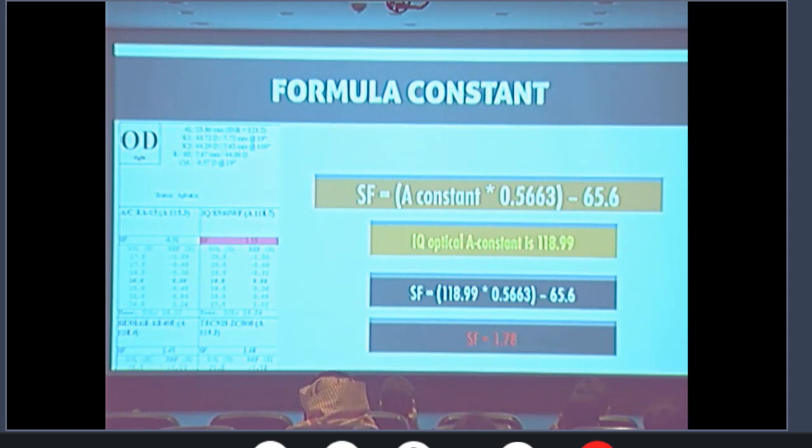So if you want to use this A constant, which is the A constant for this lens, if you use the optical measurement, the surgeon factor that you should use is this one. But they used a different surgeon factor, so your calculation will not be accurate for sure. So 1.55 equals an A constant of 118.6, which is almost close to the ultrasound, not the optical A constant or IOL constant. Clear?